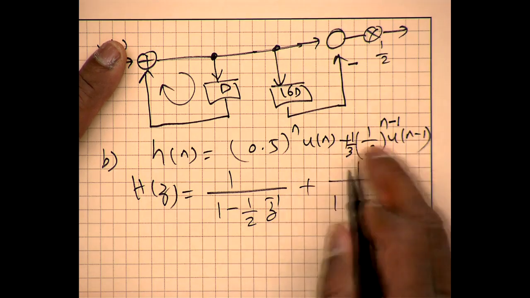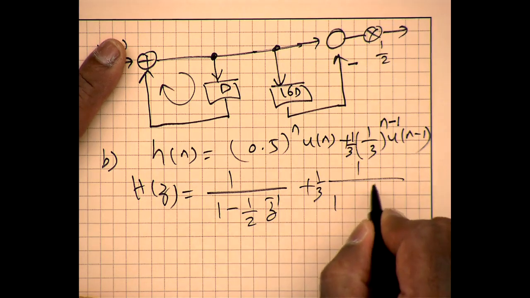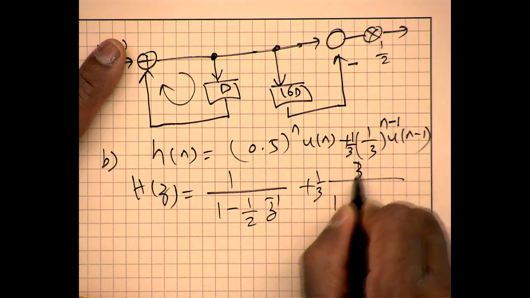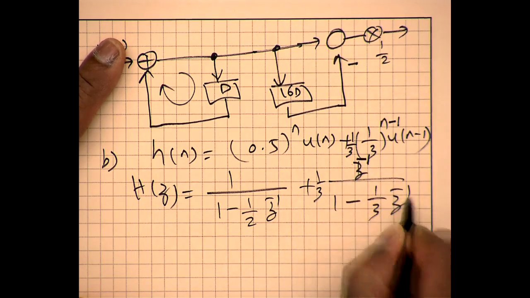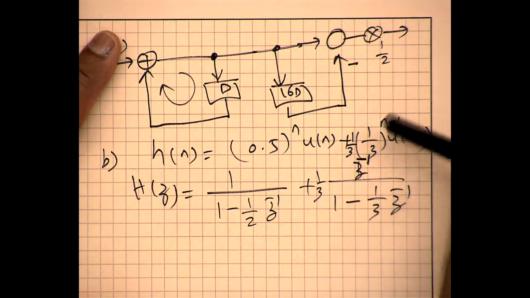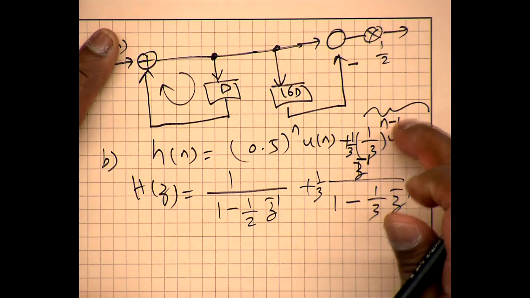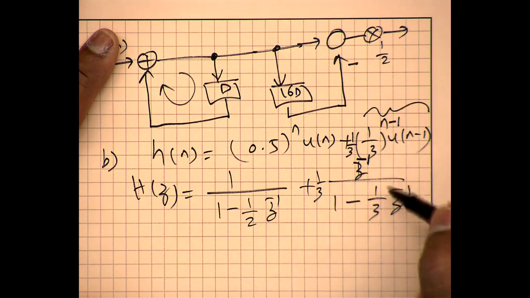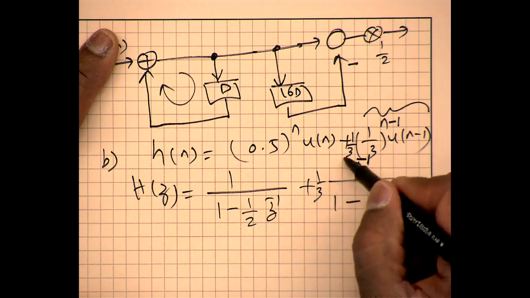That way together that makes 1/3 to the power n. So we have 1/3 times z to the power minus 1 over 1 minus 1/3 z to the power minus 1. Think about that. If I had just 1/3 to the power n u[n], that would be 1 over 1 minus 1/3 z to the power minus 1, with n replaced by n minus 1 multiplying by z to the power minus 1, and that 1/3 here.